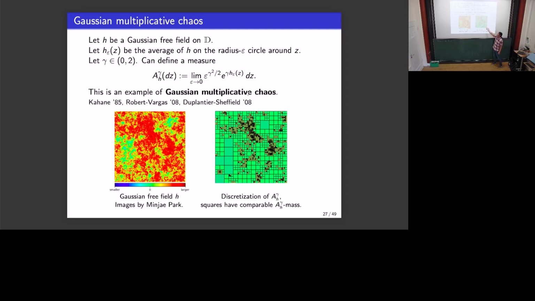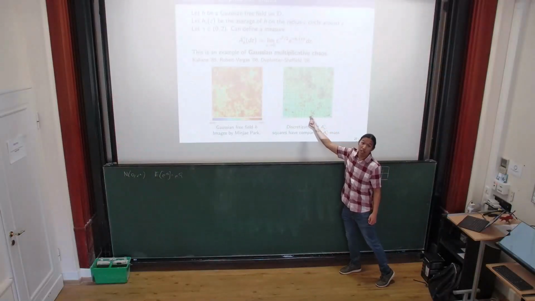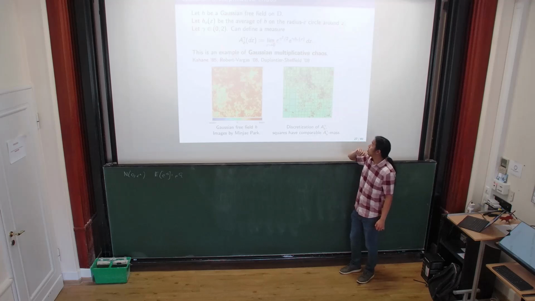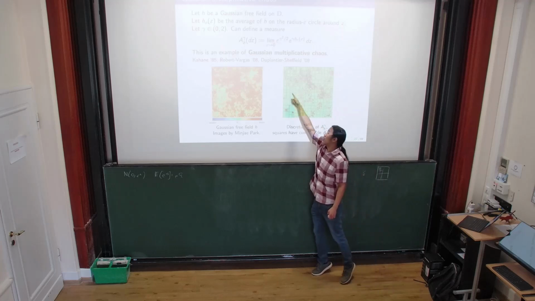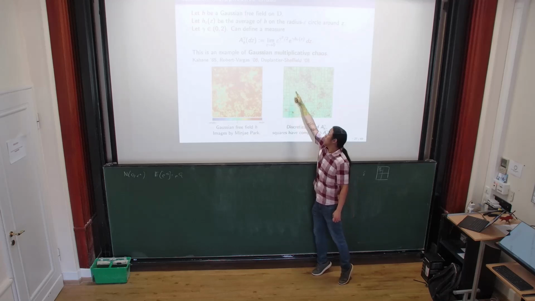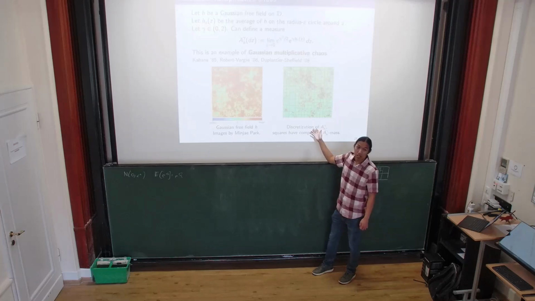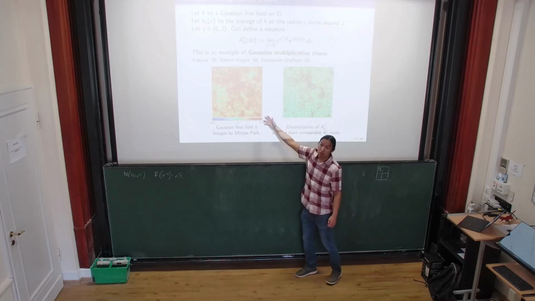So for this Gaussian multiplicative chaos measure A_gamma h, each of these dyadic squares has roughly the same area. Even though this is a large Euclidean area, the GMC area is just like delta. This should make some sense when you compare the two pictures.